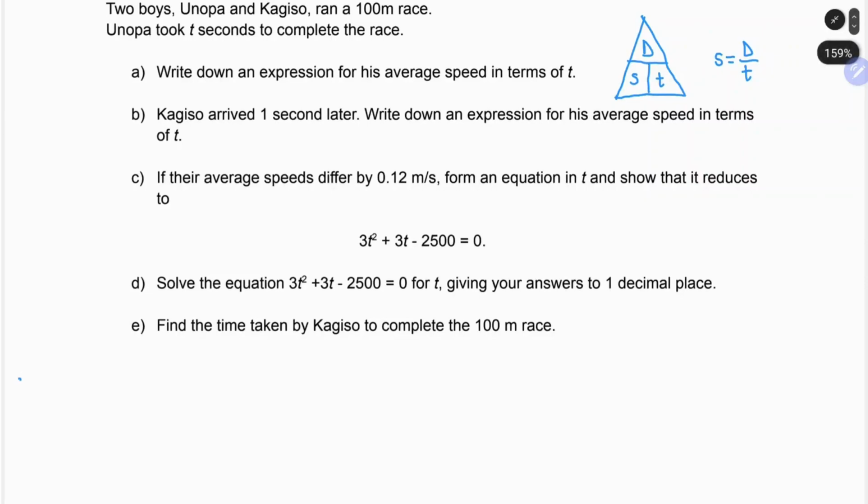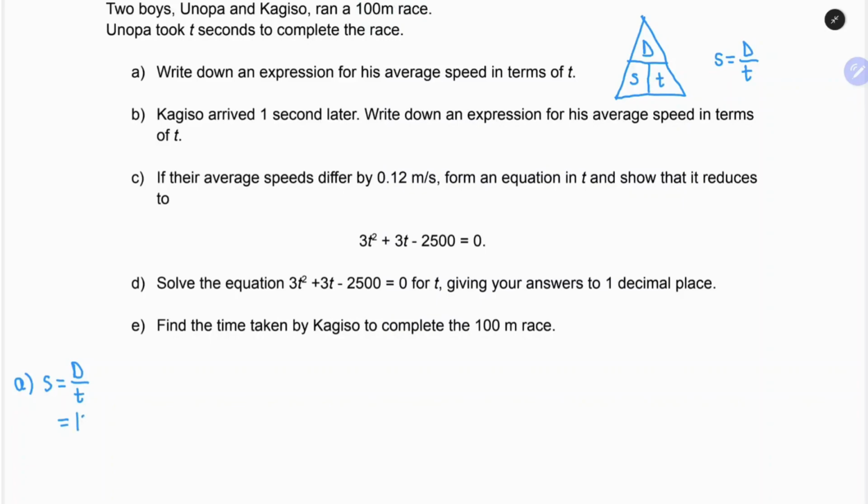So I'll write it down at the bottom here, A. Since it's saying an expression for his average speed in terms of t, I'm going to first write the formula which I know for speed. Speed is equals to distance over time. So what is the distance? Looking at the question, it obviously says the distance is 100 meters.